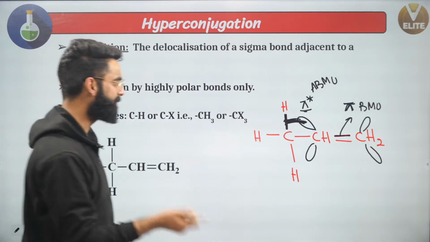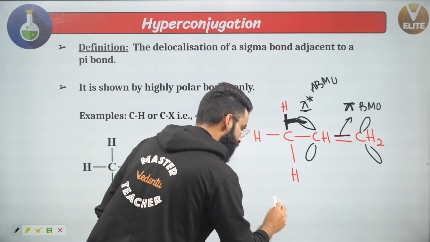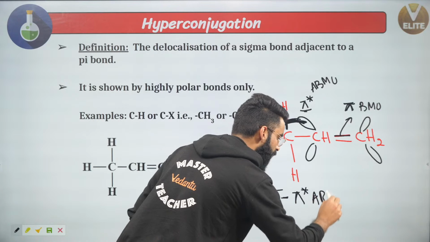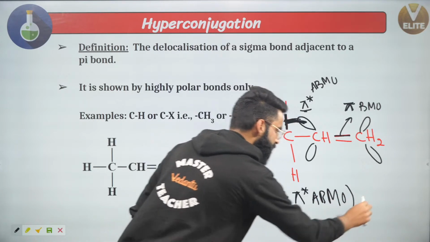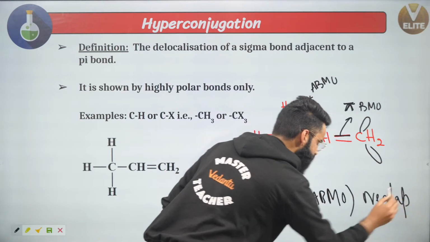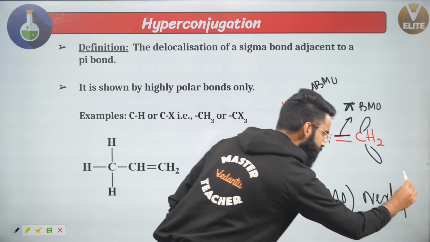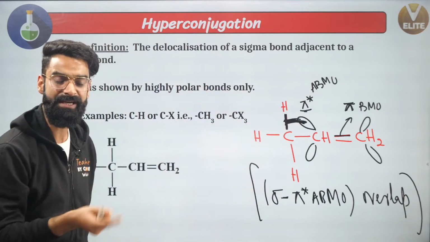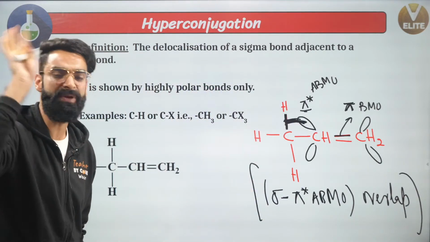So hyperconjugation is also sigma to pi star anti-bonding molecular orbital overlap. So in terms of molecular orbital theory, hyperconjugation is sigma-pi star overlap. In terms of valence bond theory, hyperconjugation is sp3-p overlap.